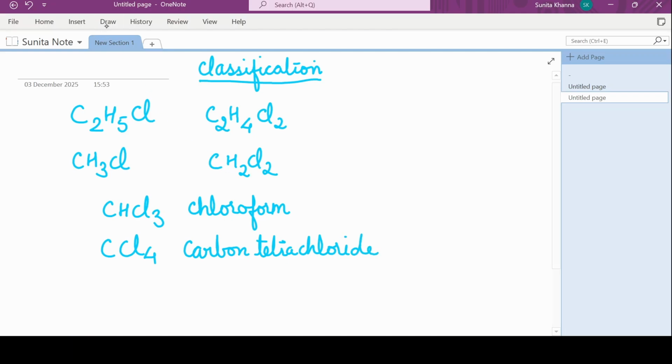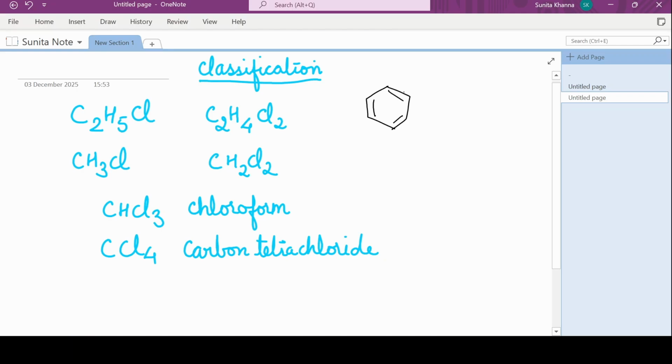Now, likewise, if we are seeing the haloarenes, then the benzene ring remains as such.